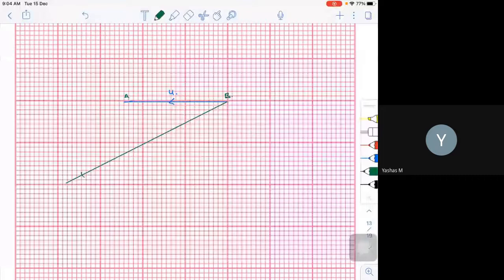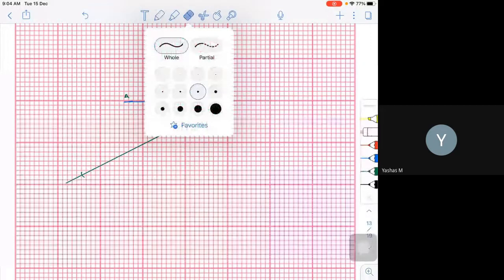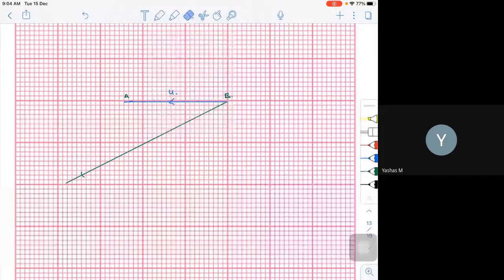Somewhere here I'm going to get the point. This is your V1, and this is alpha 1 equal to 20 degrees.